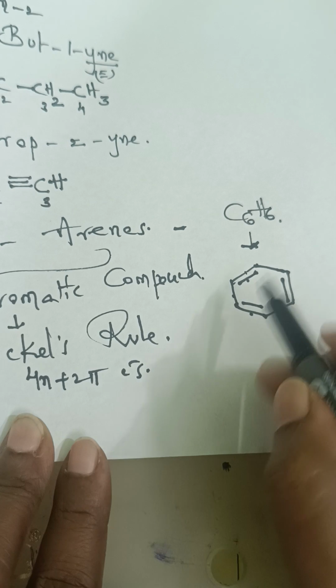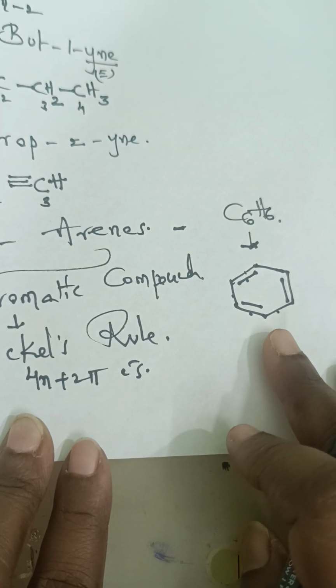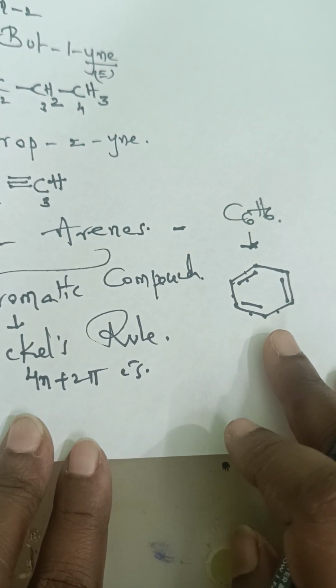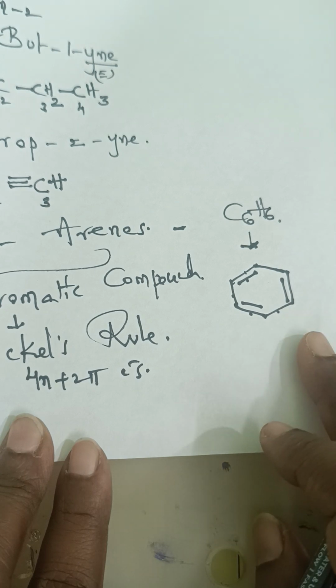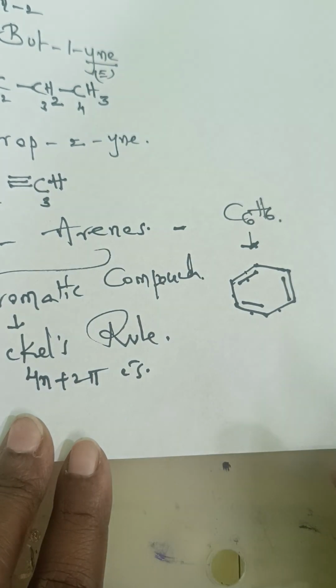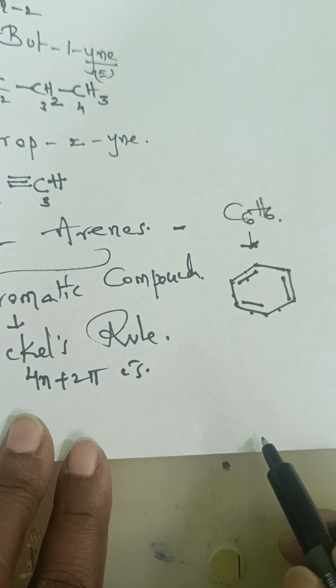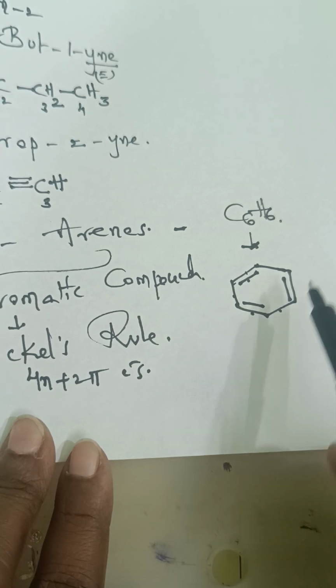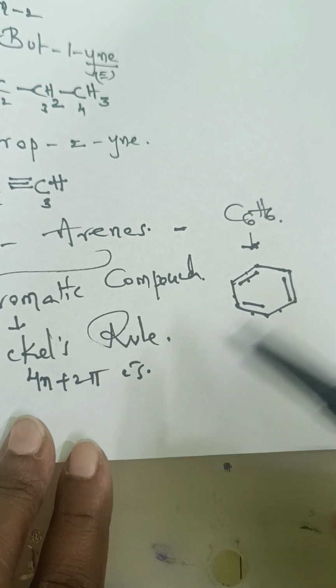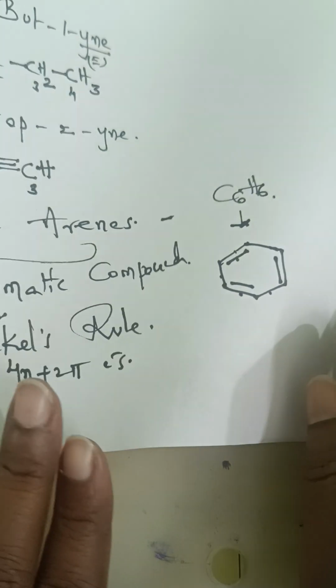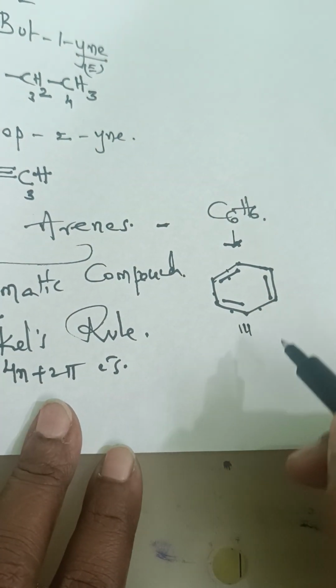Now, how many sigma and pi bonds are present in this? If you are asked a question like calculate the sigma and pi bonds in benzene, how do you solve it?